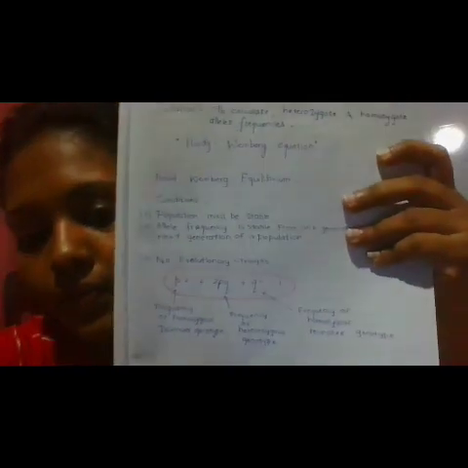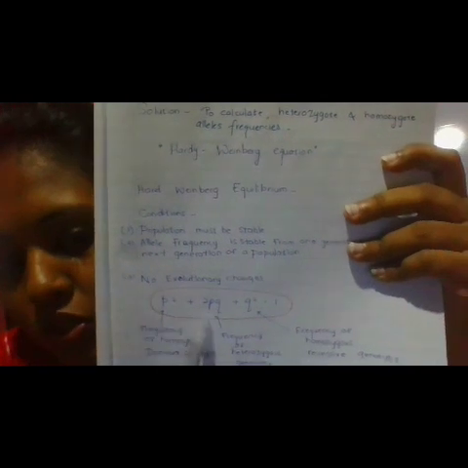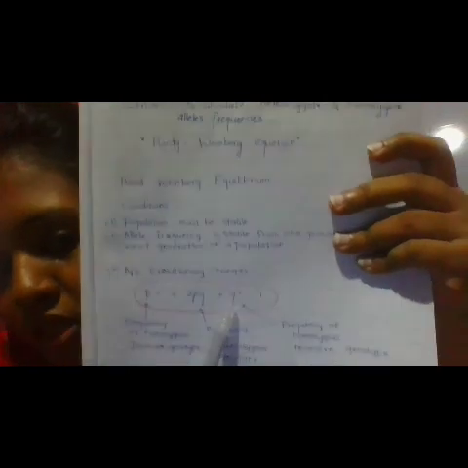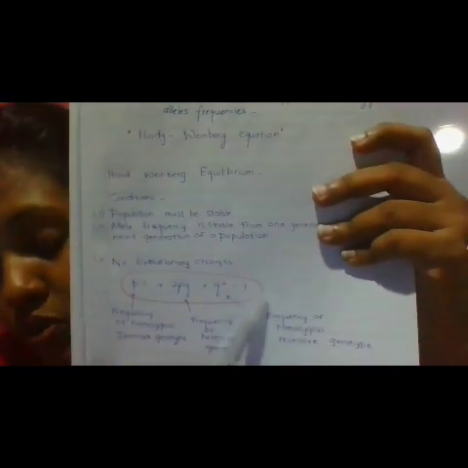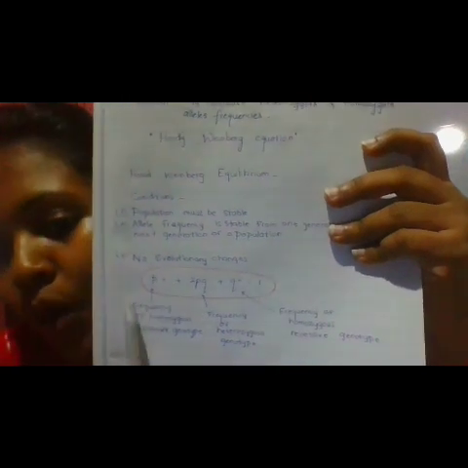That is the Hardy-Weinberg equilibrium equation. What is p squared?